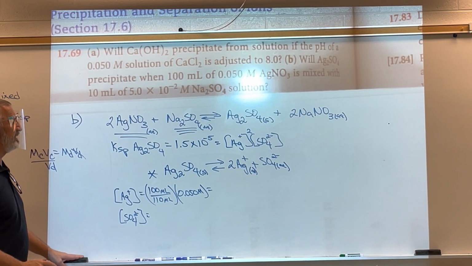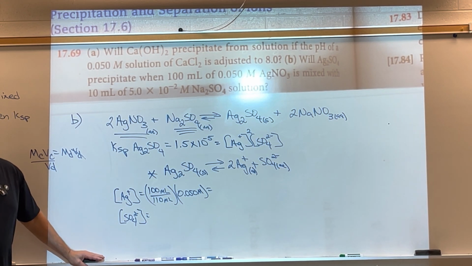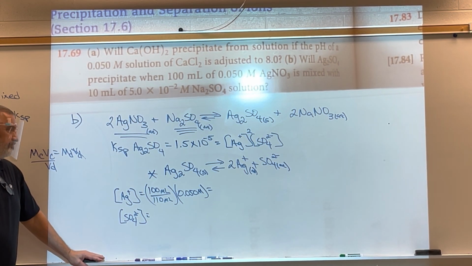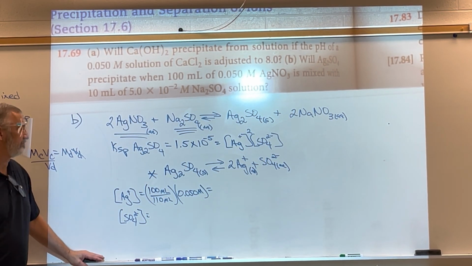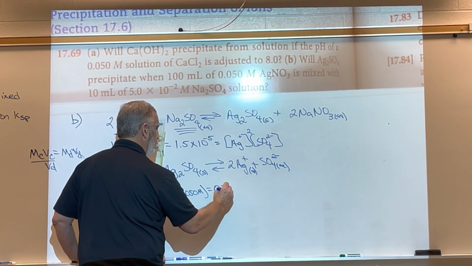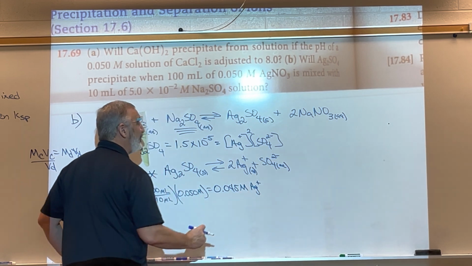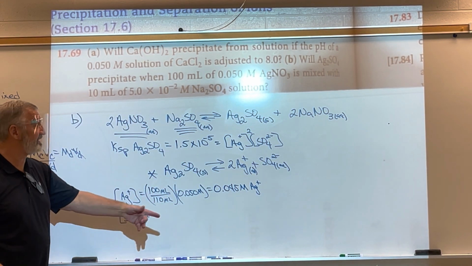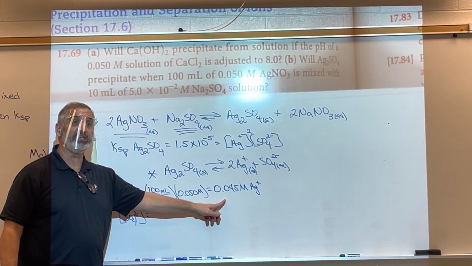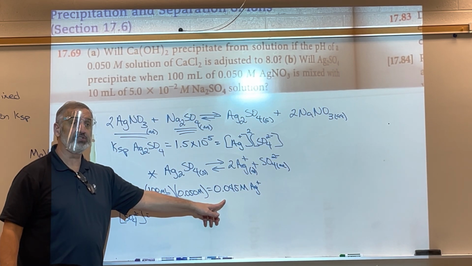Let's get a number for that. 0.045. So that's the concentration of my silver ion in the solution once I mix the two solutions.